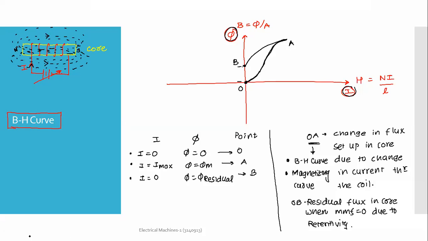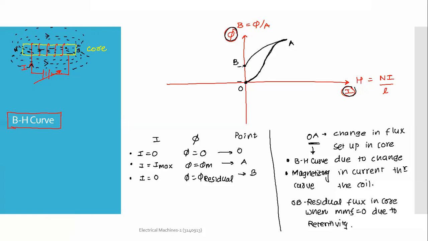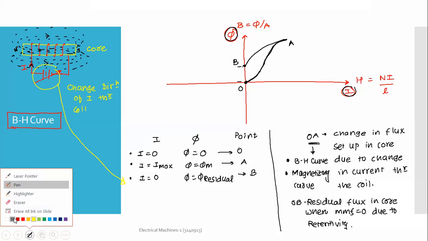We change the direction of current through the coil. So we pass the current in the opposite direction.